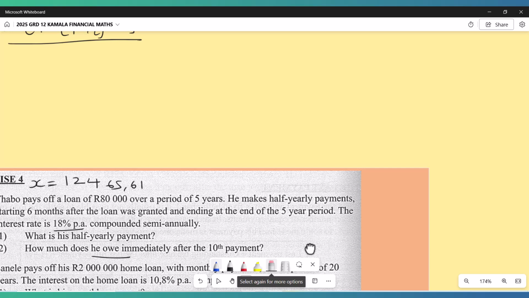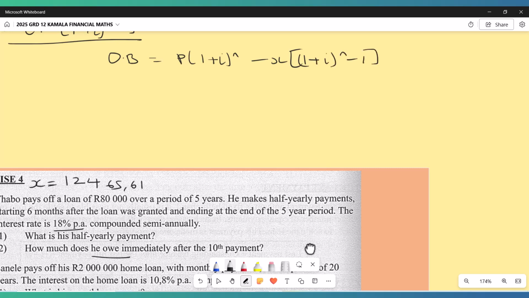For this matter, the outstanding balance equals P into (1 plus i) to the power n, the future value formula, minus x, open brackets, (1 plus i) to the power n minus 1, divided by i. Now he has made 10 payments.